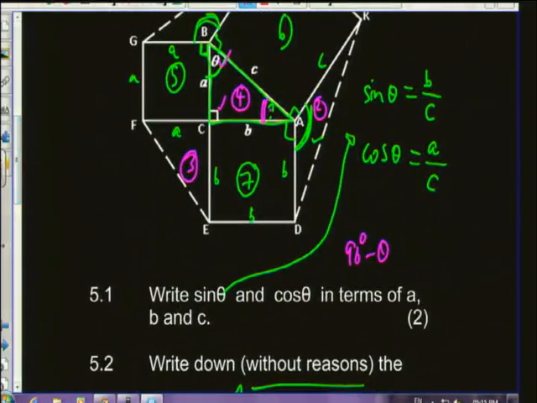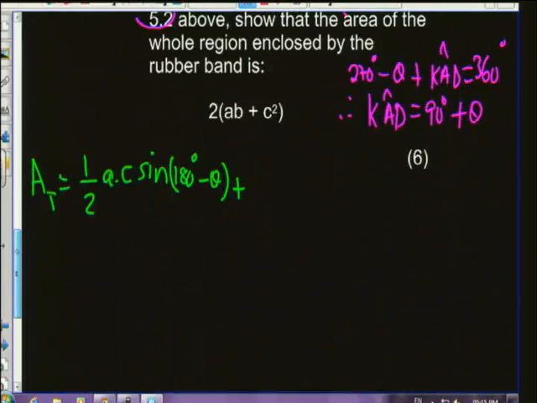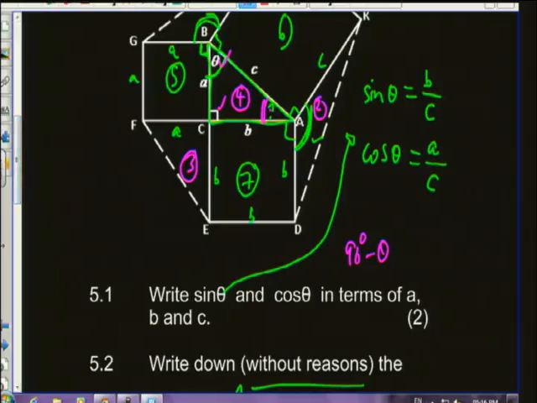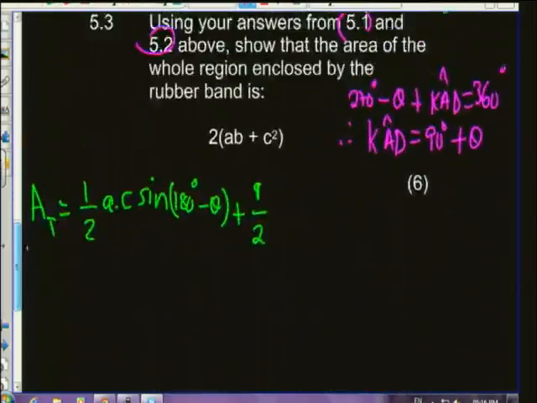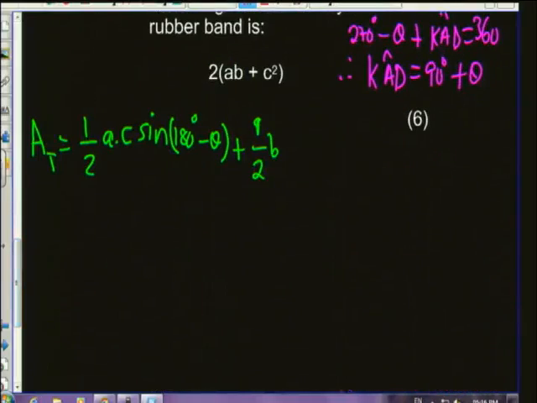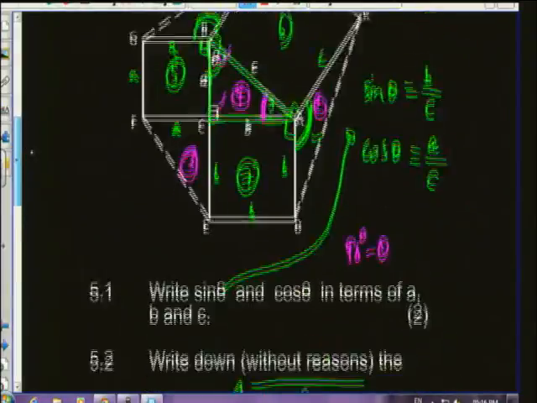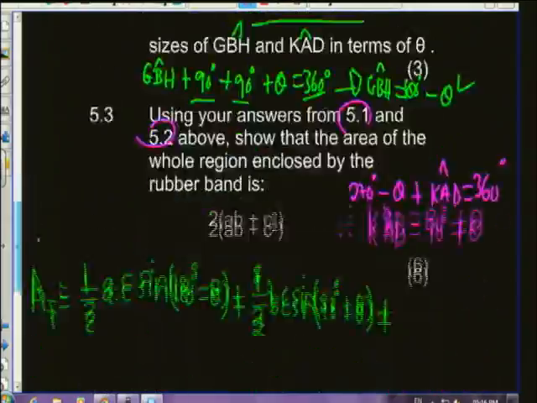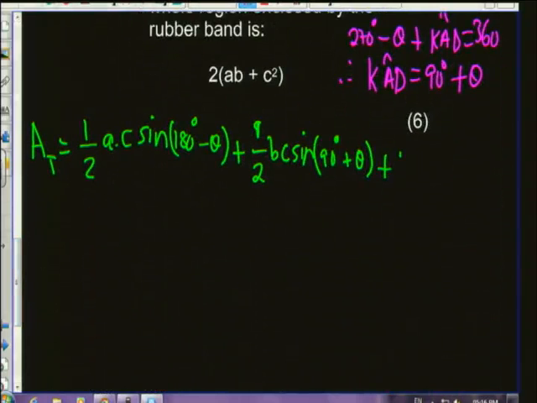Triangle 2 is this one with the sides C and B, so it's going to be half BC sine of the included angle, which is 90 degrees plus theta, plus the third figure, which is a right angle triangle.